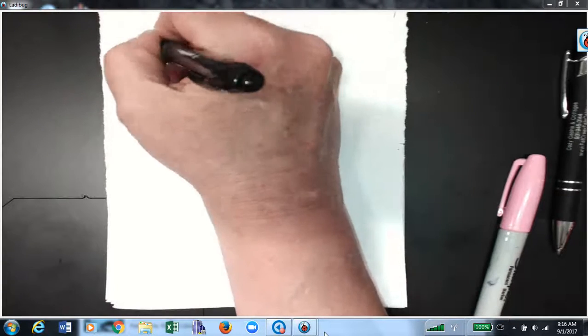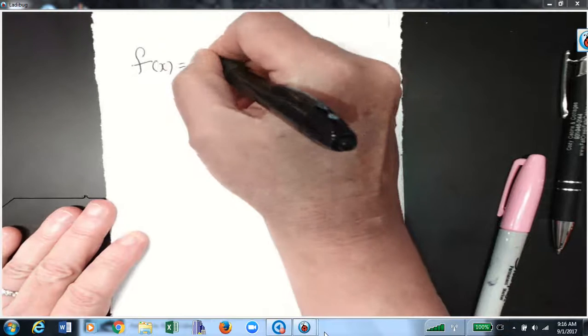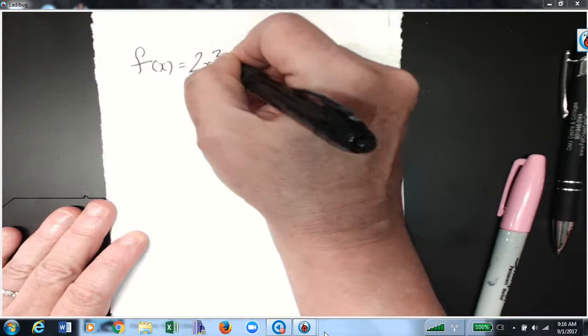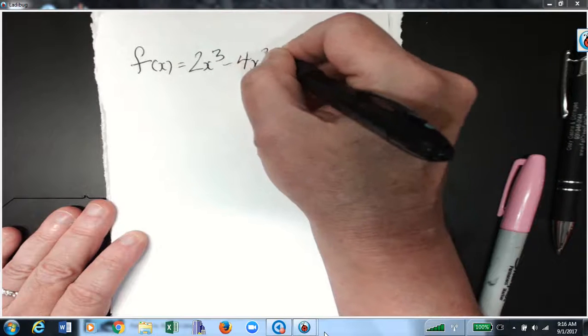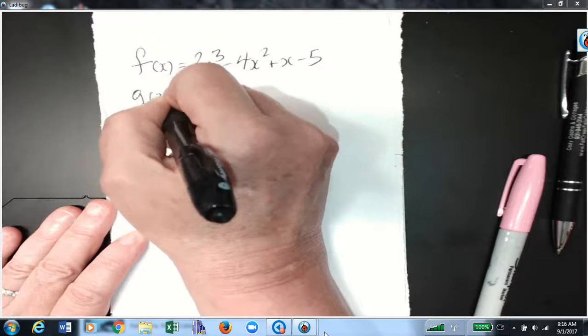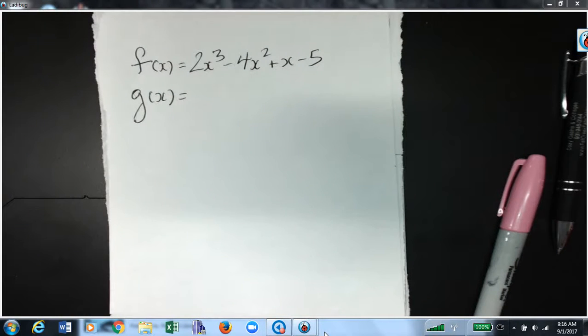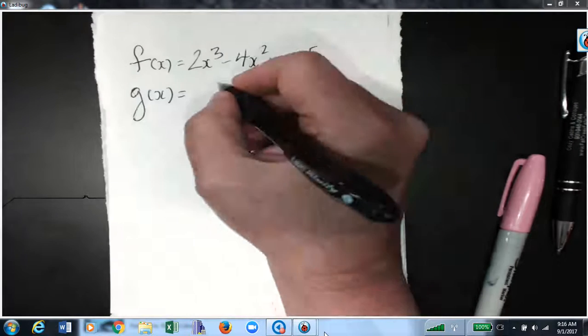I'm going to write out some functions, and we're going to see if we can tell what the domain is. I'll start by giving it the name f of x, but we don't have to restrict ourselves to f.